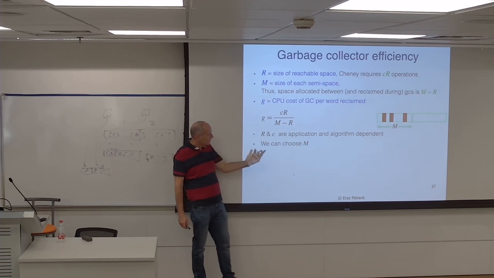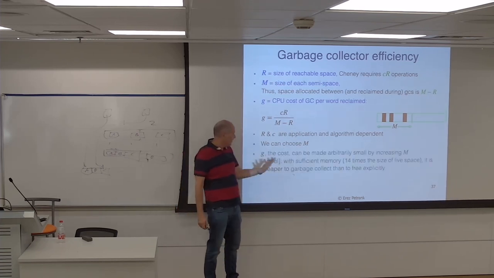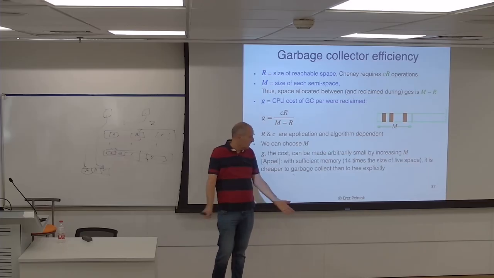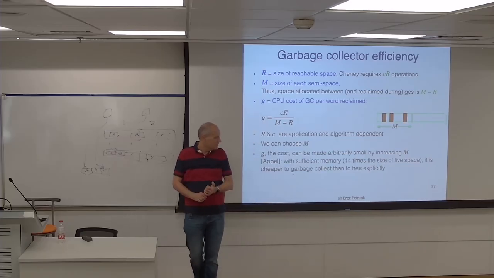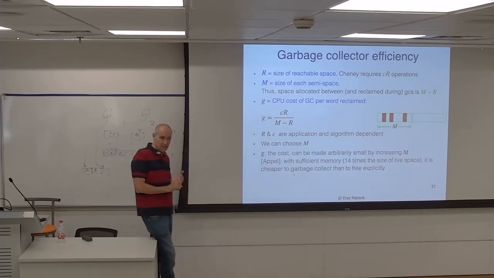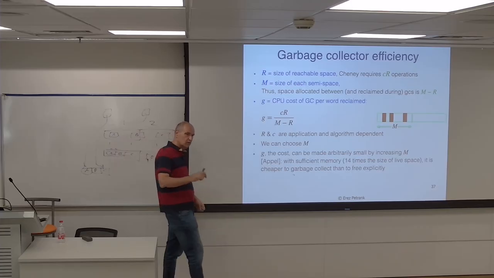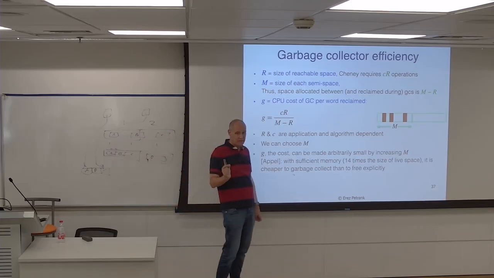And so now if I choose M to be large enough, G becomes smaller and smaller. And there was a researcher who said that if you look at 14 times the size of the live space that you need, this is a huge heap. But then he compared it to manual reclamation, where you tell the collector to free an object whenever you need to.